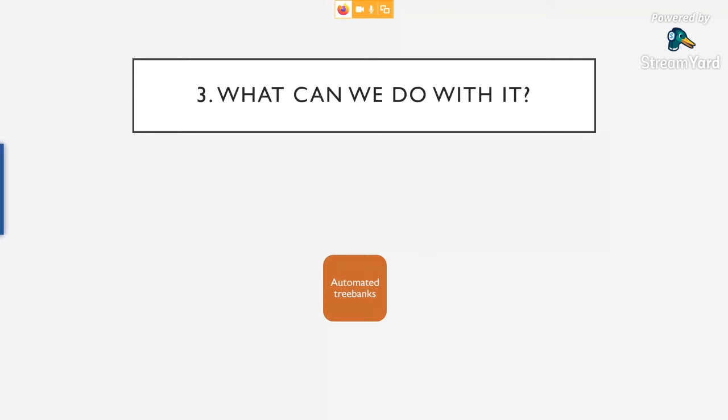It will not come as a surprise that this automatically analyzed data is highly relevant for linguists because they can do the same thing Francesco just demonstrated, but on a much larger scale.